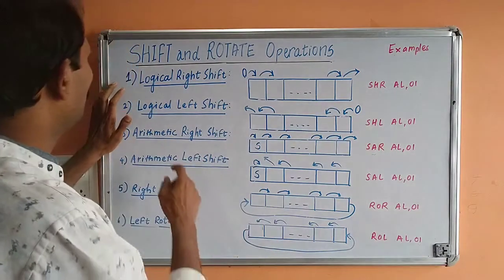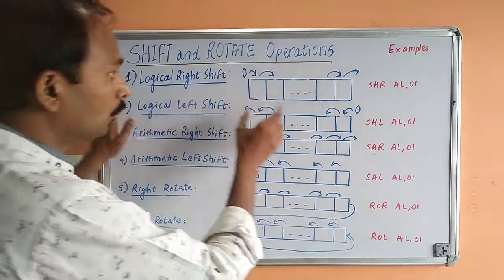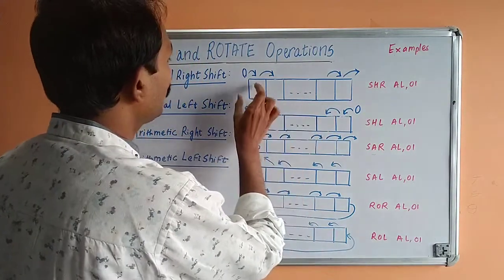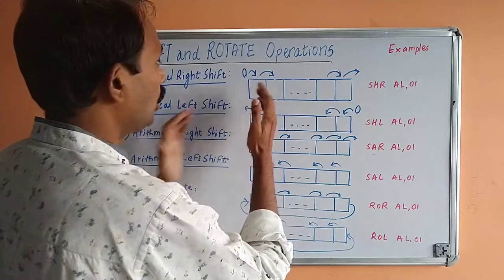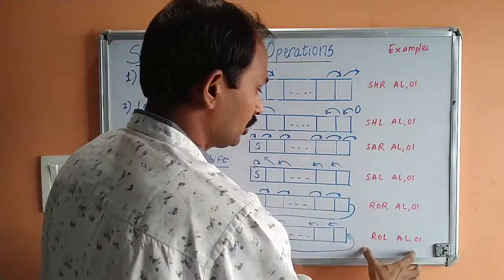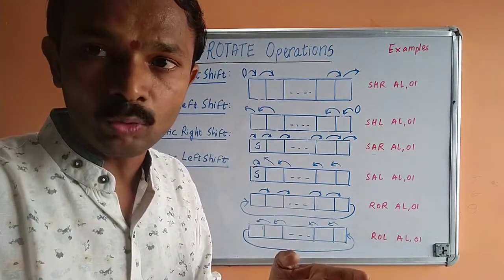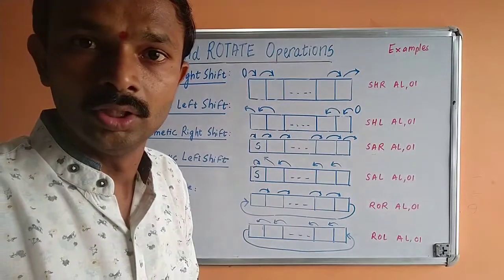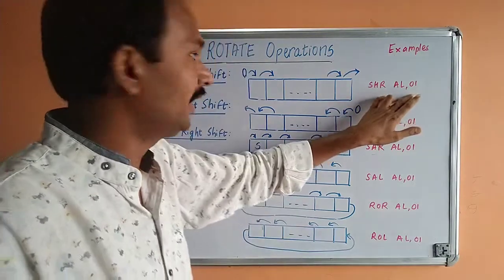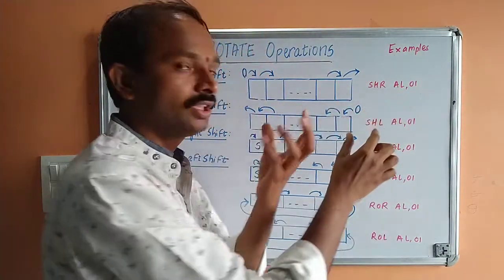The first type of logical shifting is logical right shift. This block shows shifting the numbers to the right-hand side, and here some instructions are written which are helpful in assembly language programming. The instruction SHR AL, 01 says that we have a register AL which contains some value in binary.